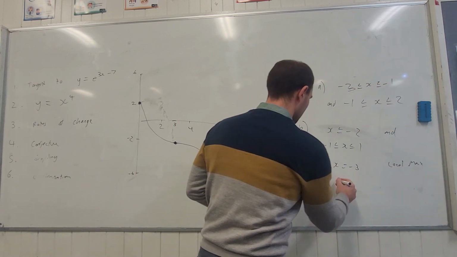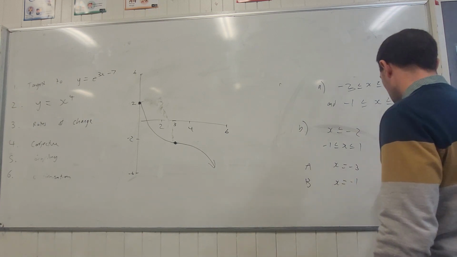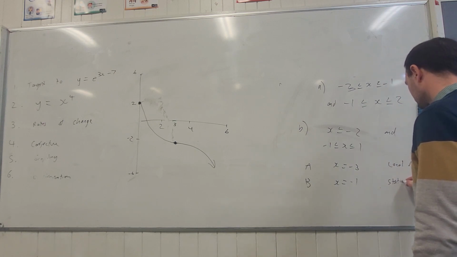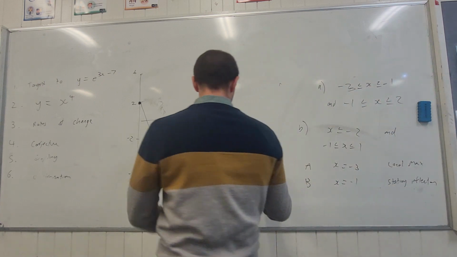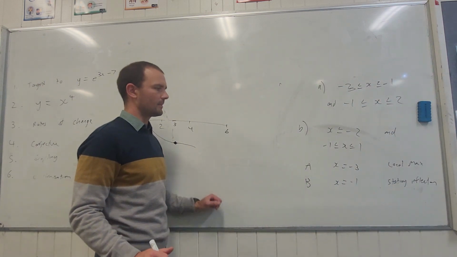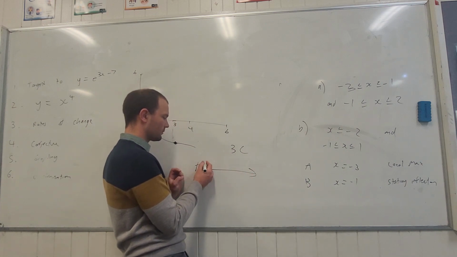Alright, then B is at x is -1. And what's going on is it's decreasing, goes horizontal, and then keeps decreasing. Alright, so that tells us it's a stationary inflection, right? Decreasing, horizontal, decreasing. X is -1, stationary inflection. So if you look at when we did 3C, there's 2 ways to tell if something's stationary, and one of them is just off the sign diagram of the first derivative.